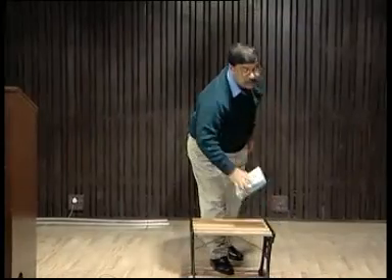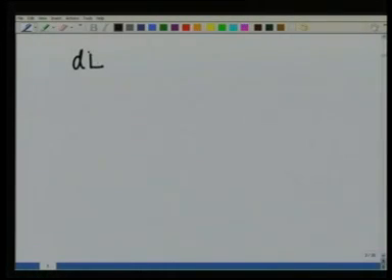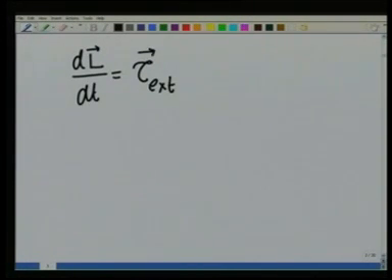We should be able to explain this using rigid body dynamics equations of motion. Whatever I have shown in these demonstrations can be easily explained by using the equation that rate of change of angular momentum is tau external. Not only that, while doing these demonstrations, I was also showing you how the angular velocity of the body was changing.